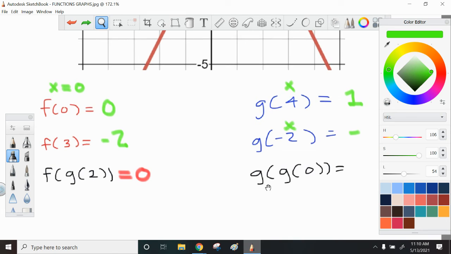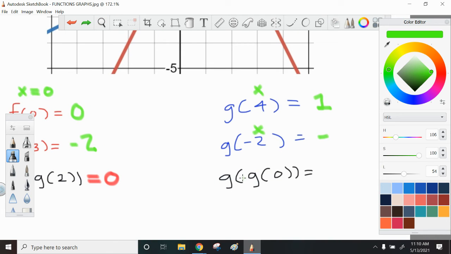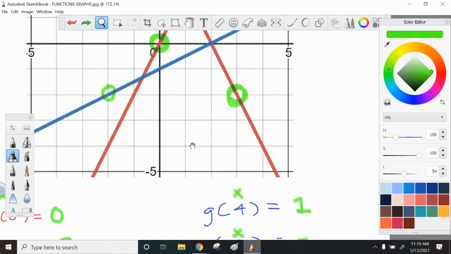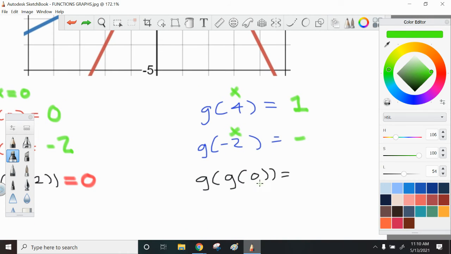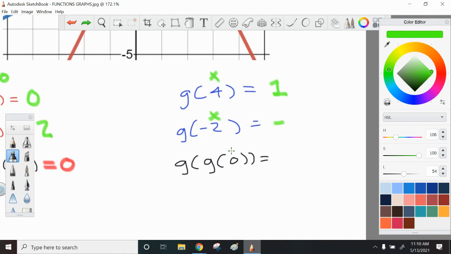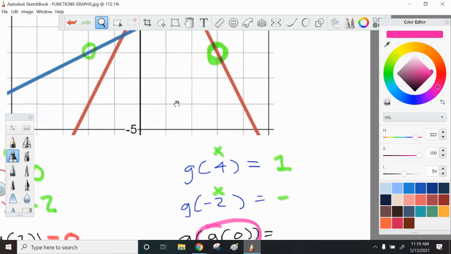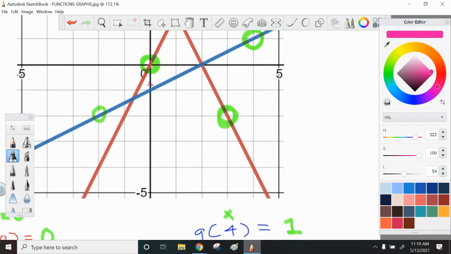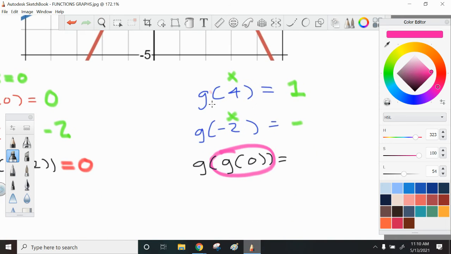Now, we might even see something like this, g of g of 0. So for g of g of 0, we need to work inside out. So first of all, let's do a purple here. We need to work with this inside bit. G of 0, when my x value is 0, that's right here. My y value would be -1. So I found out that this is -1. So now I need g of -1.